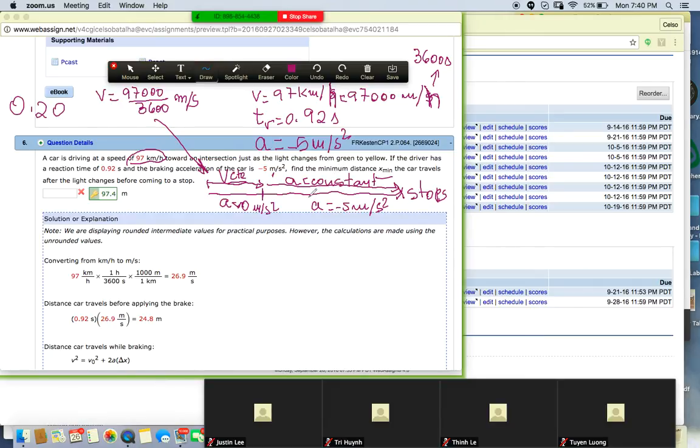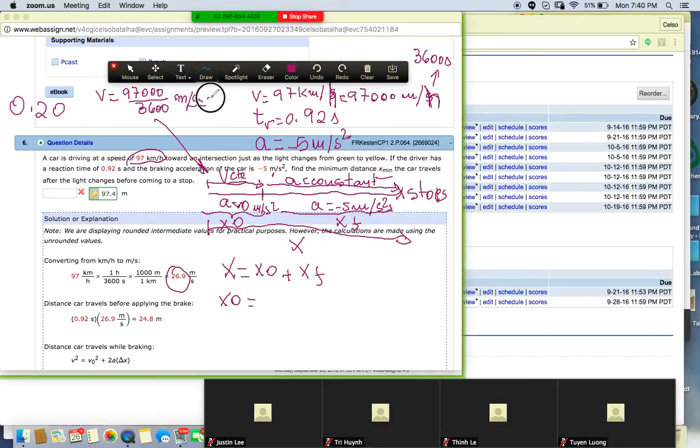You want to find the minimal distance that the car moves, this distance over here, x. So x is equal to x naught plus x final. Are we all good? What is x naught? I'm going to copy the numbers from here.